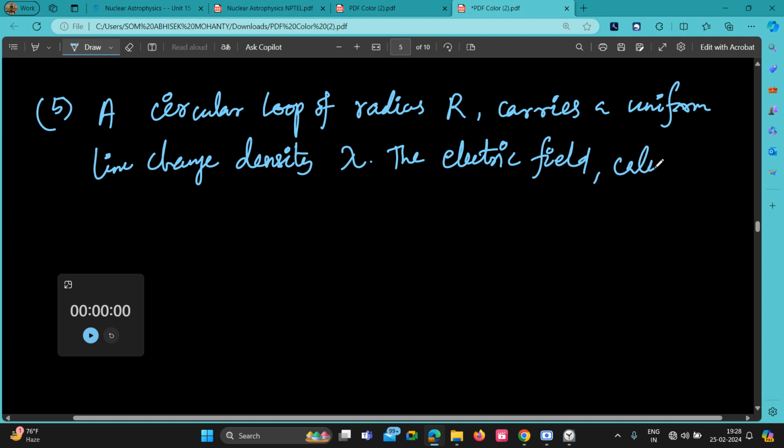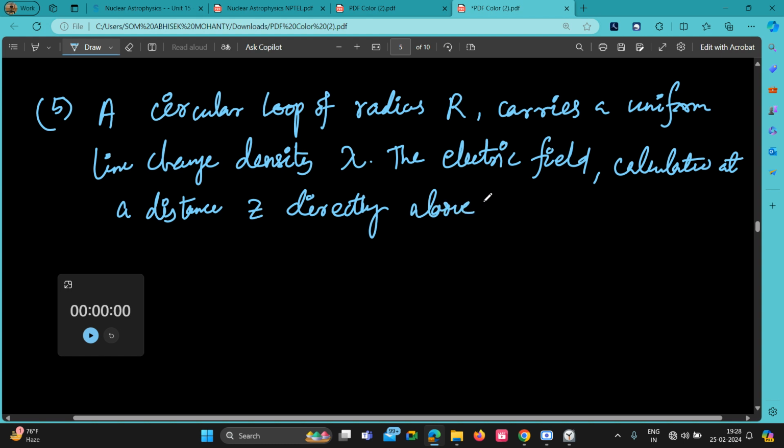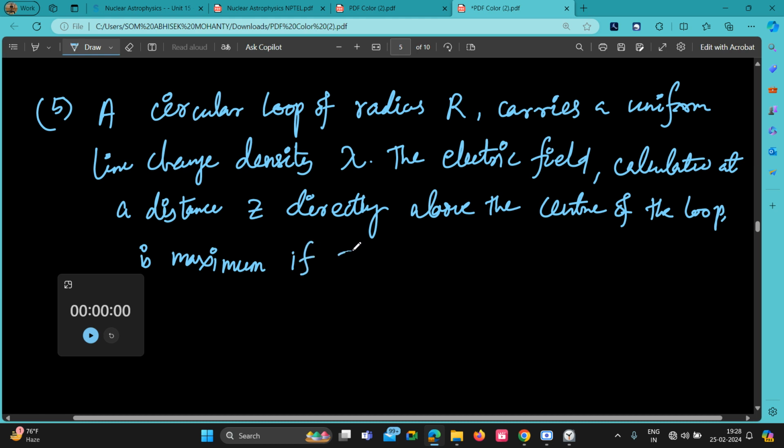The electric field calculated at a distance z directly above the center of the loop is maximum if z is equal to dash.